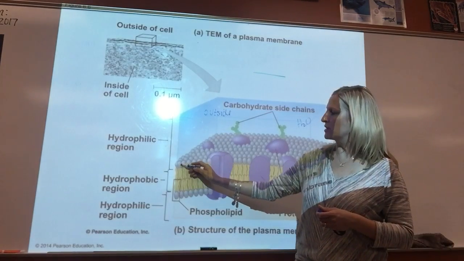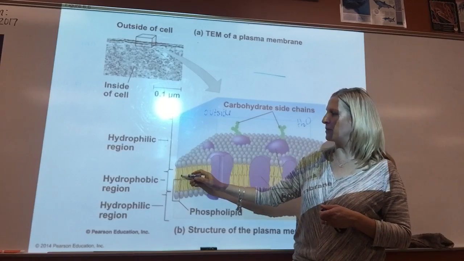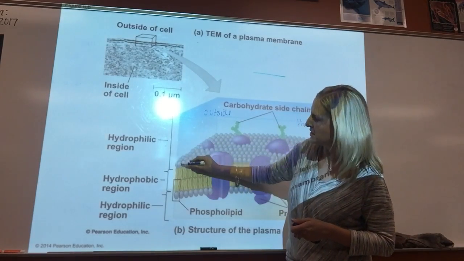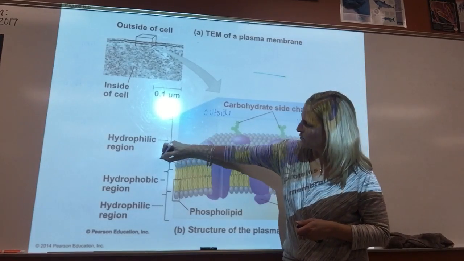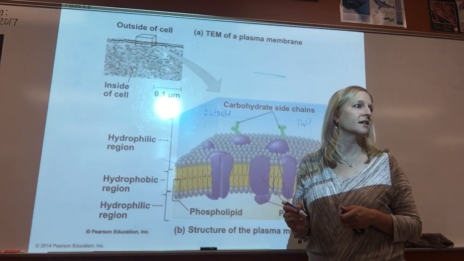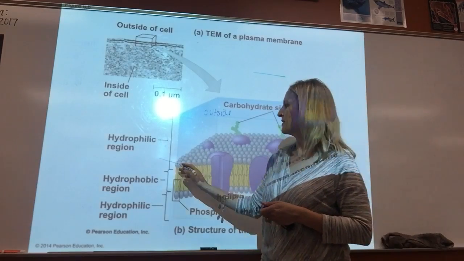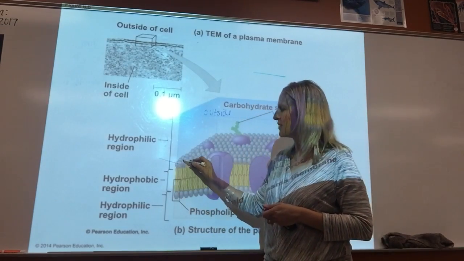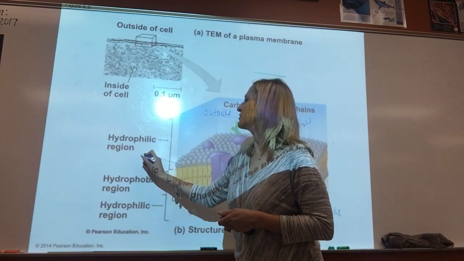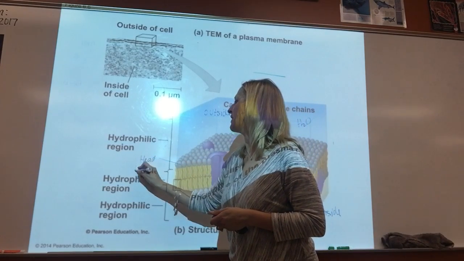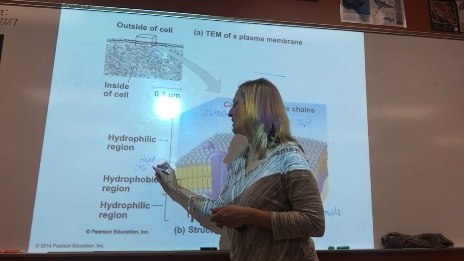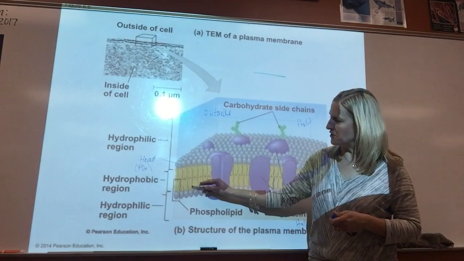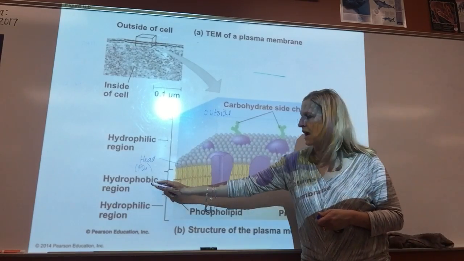Remember, let's review the phospholipids. This part right here is hydrophilic. What part of the phospholipid is that? Yeah, it has the phosphate group, right? And so we call it the head. The phosphate group is polar, and so this is the head of the region. And then the interior is hydrophobic.